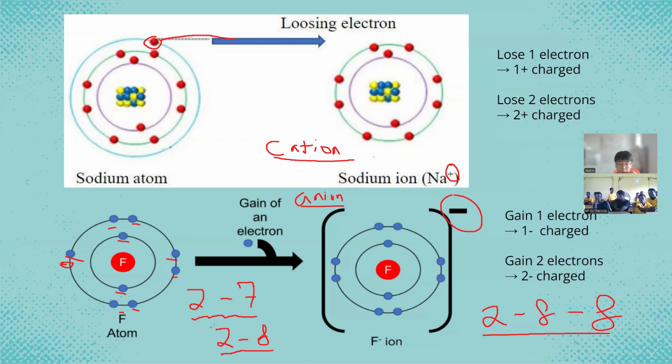So always remember, atoms want 2-8 or 2-8-8 structure. Since it has 2-7, we need to add an electron to make a 2-8. This forms a fluoride ion, F minus.